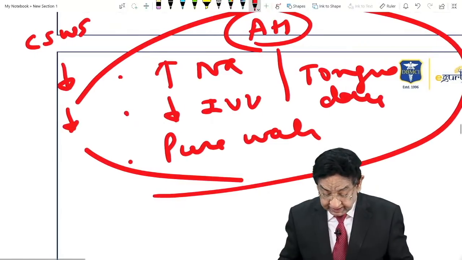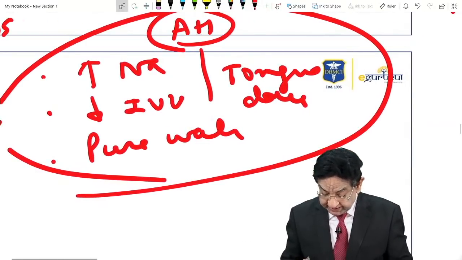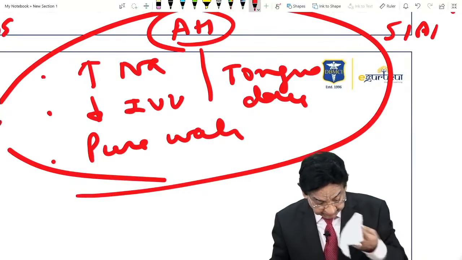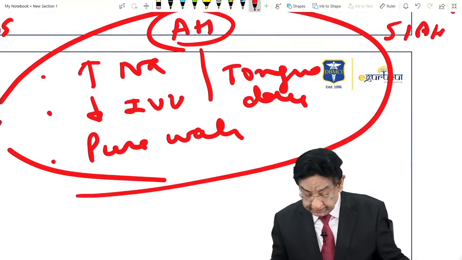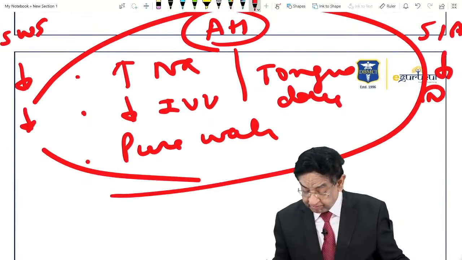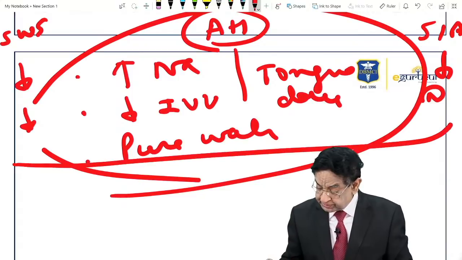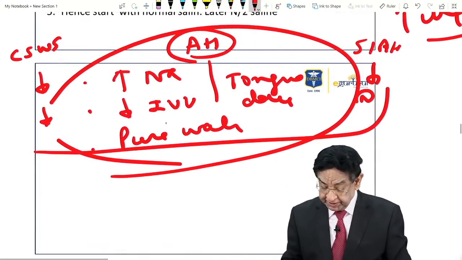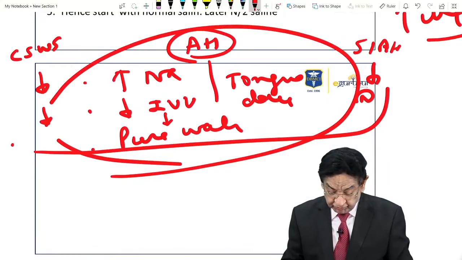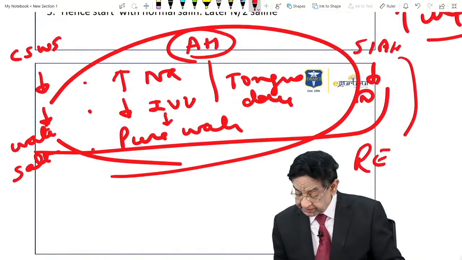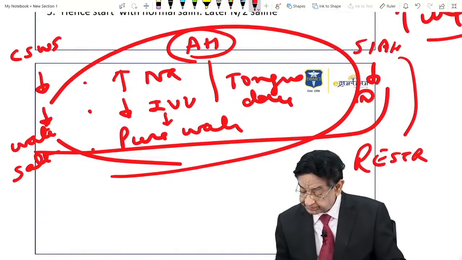In case of SIADH, there is hyponatremia and intravascular volume is normal. So, a beautiful summary of the three things. Treatment is pure water, water and salt, restrict water.